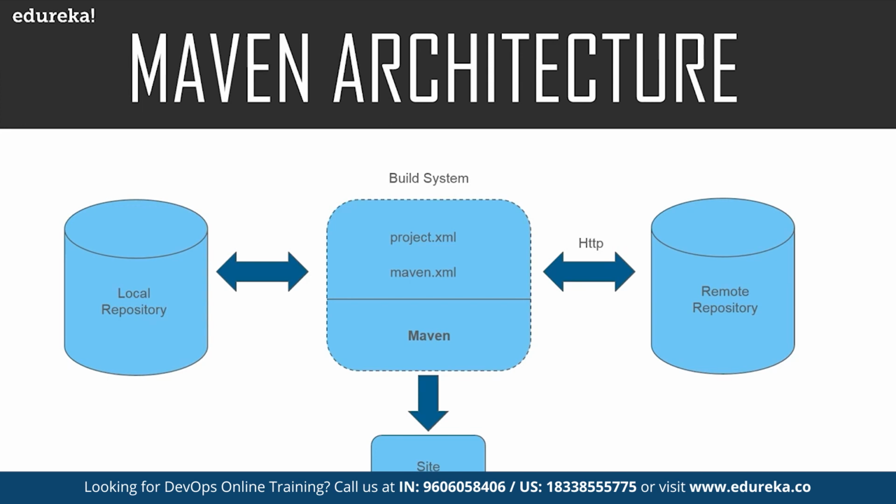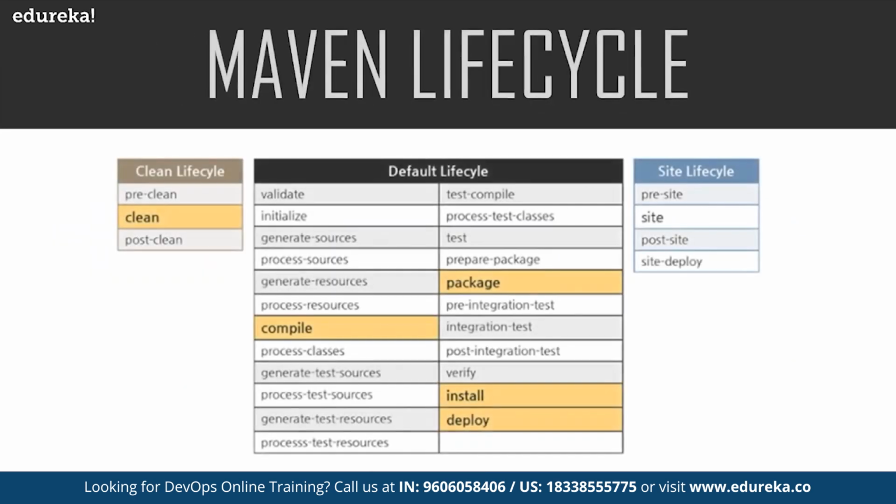If the dependency is present in the central repository, Maven will copy that dependency onto your local machine. But if it is not present here, Maven will fetch it from the remote web server or the remote repository using the internet. So internet is very much mandatory for using Maven. This is how Maven architecture or Maven works. Now let us talk about the Maven lifecycle.